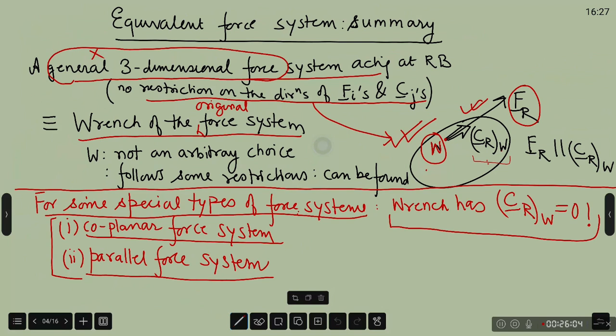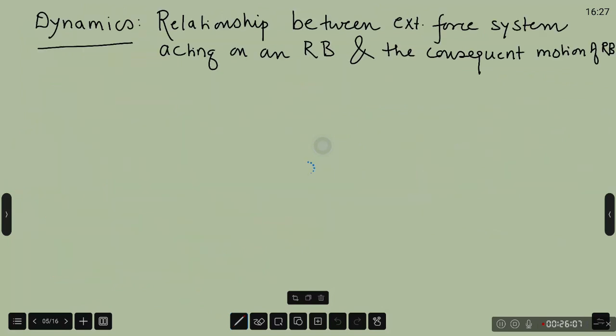Fine. So this was my summary, and with this I complete my topic on equivalent force systems. Ready to start a new topic? If you have any questions, please ask.